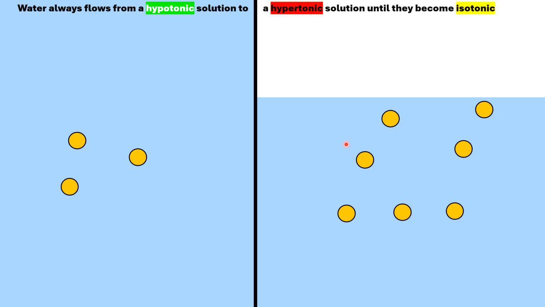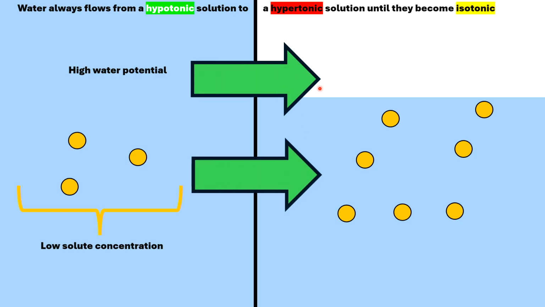This is osmosis. So hypotonic solutions have high water potential and low solute concentration. Hypertonic solutions have the opposite. Okay, they have low water potential and high solute concentration. So remember, the water goes from high water potential to low water potential via osmosis.